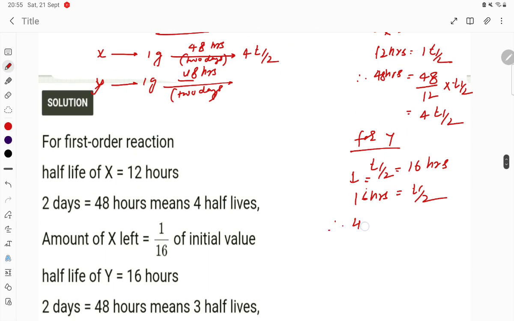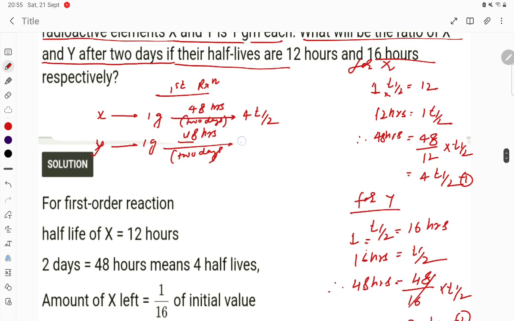Therefore 48 divided by 16 into T1/2, so that is 3 T1/2.